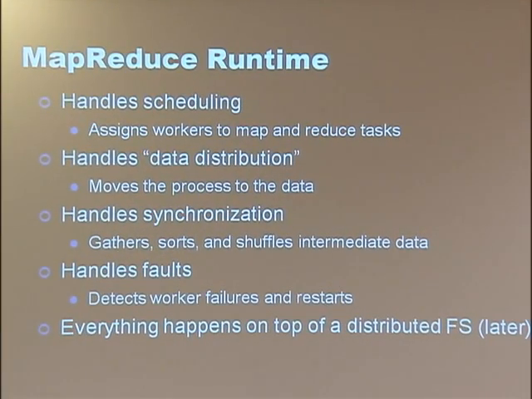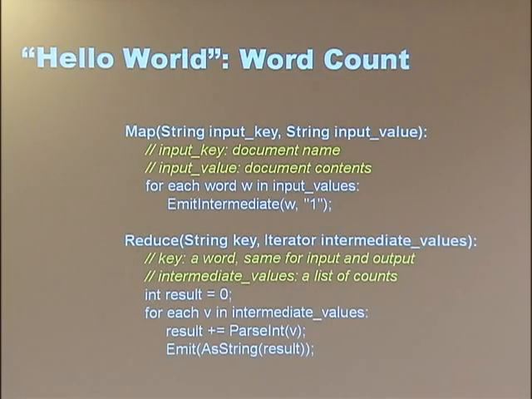It handles synchronization, which is basically the answer to your question: the shuffling and sorting of these intermediate key value pairs. It handles faults. If you have a cluster of thousands of machines, things are going to break, so you need to deal with that. The runtime deals with it automatically, and everything happens on top of a distributed file system, which I'm going to talk about next, in a couple slides.